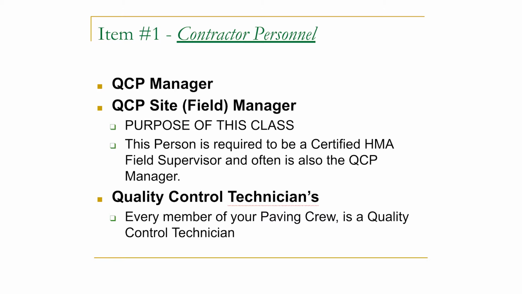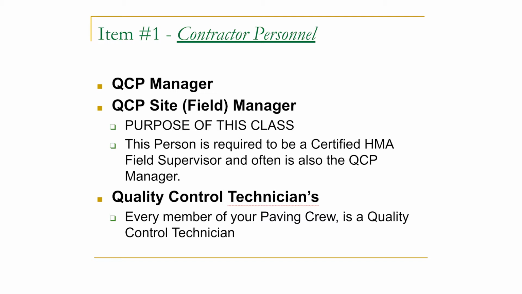The first item in the quality control plan is discussing the contractor personnel. The three people that need to be identified in the plan are, first, the QCP manager, the overall person involved with the company for the project. Second, the QCP site or field manager, which is the purpose of this class, to get a field supervisor.